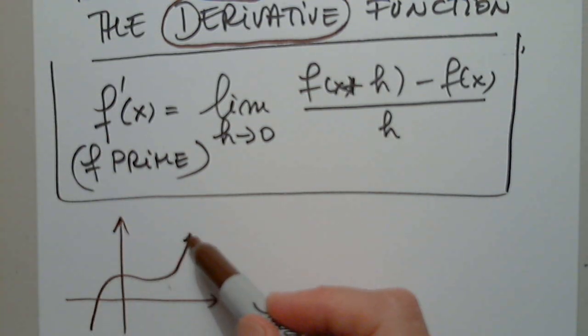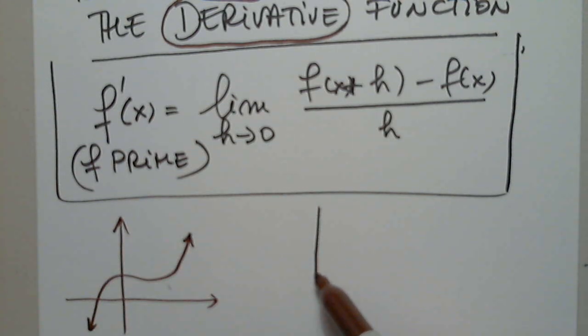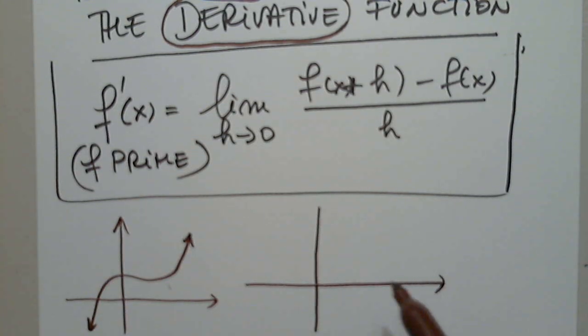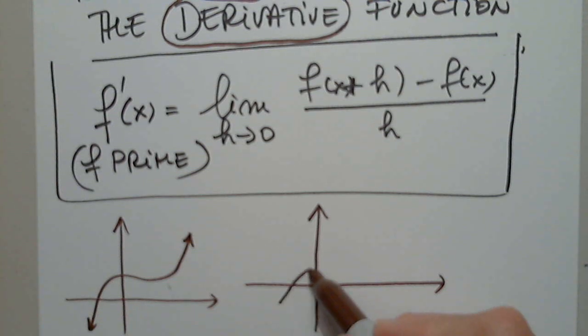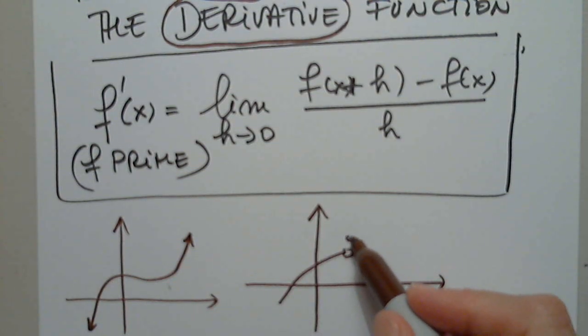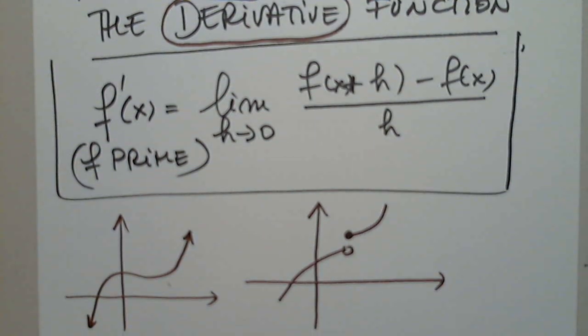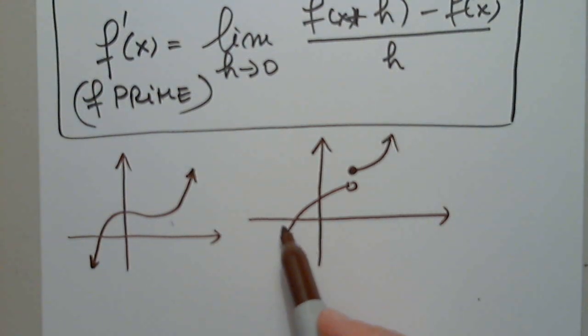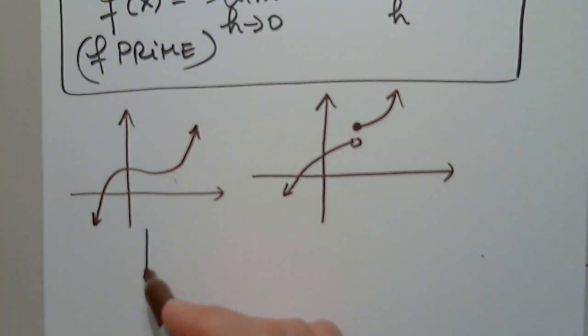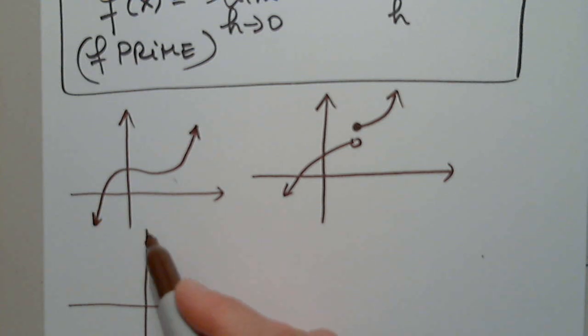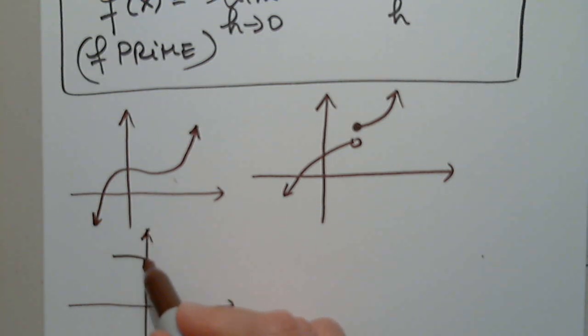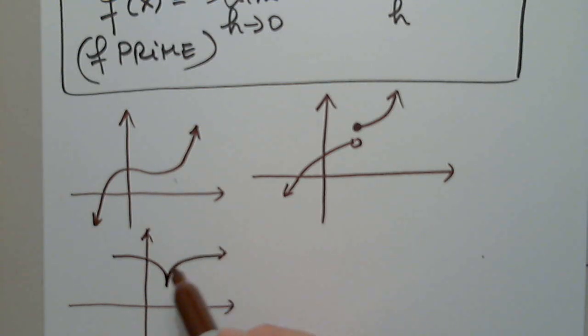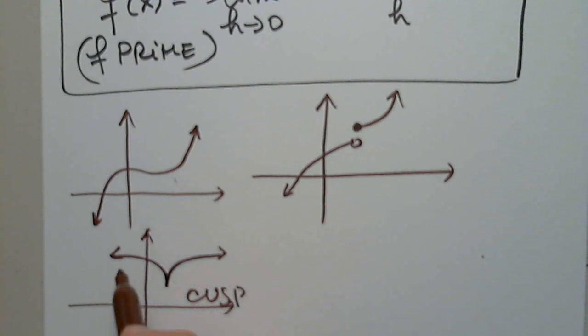Here's one graph. Here's another graph. Here's another graph. This is called a cusp right here, like between two teeth.